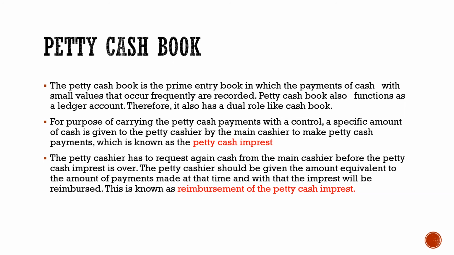You cannot maintain the same because the number of entries will be really large. So to minimize that and to accurately maintain our smaller transactions that occur frequently, we use the primary book, the petty cash book. It also functions as a ledger account and it has a dual role like the cash book.